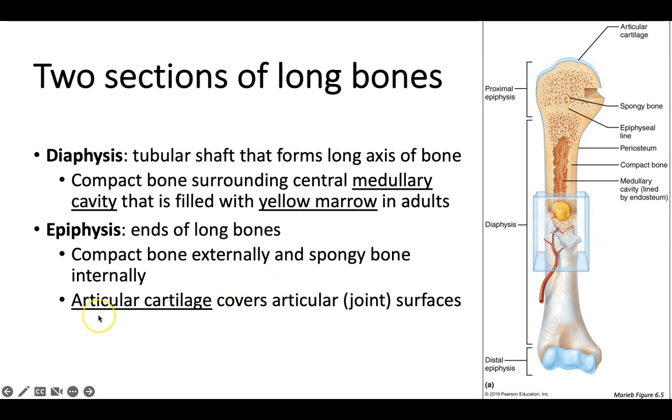Additionally, overlying these epiphyses is an articular cartilage. So we can see that down at the bottom in blue, and on top in blue a little bit, but this is a cartilage that covers the epiphyses of long bones, and it helps to eliminate some of the friction involved in those joints.